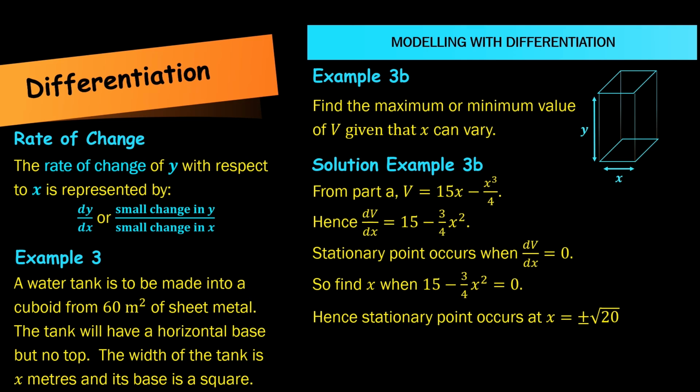And so solving for x gives us x equals plus or minus the square root of 20, which equals plus or minus 2 root 5. Now since x is greater than 0, because we're looking at area and remember x is a side length, x has to be equal to 2 root 5, not minus 2 root 5.